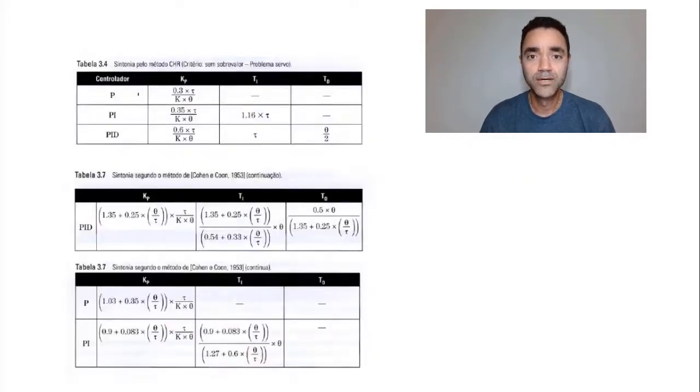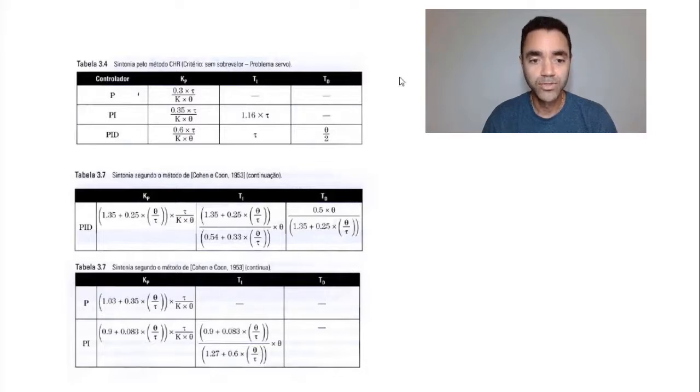But the Ziegler-Nichols method is not the only one available in the market. You can see here on my screen that we have other authors that propose similar approaches to solve for the PID values needed to do the PID tuning. Some of them are the CHR method, developed by Chien, Hrones, and Reswick, and we also have Cohen and Coon, but many others are available.